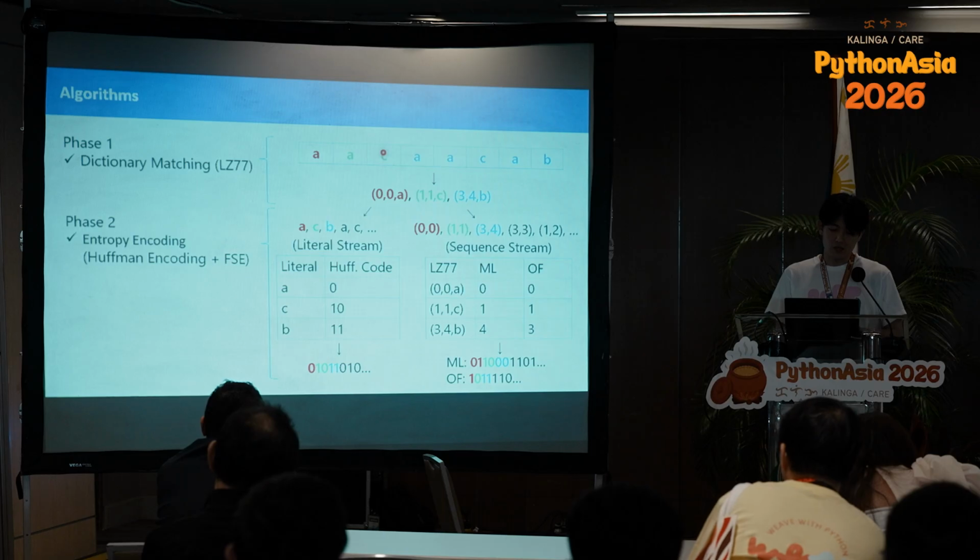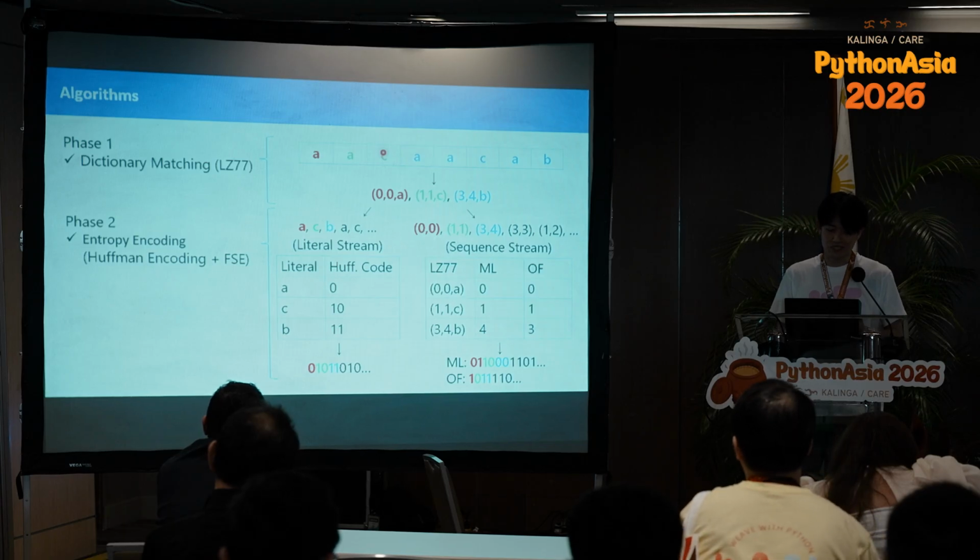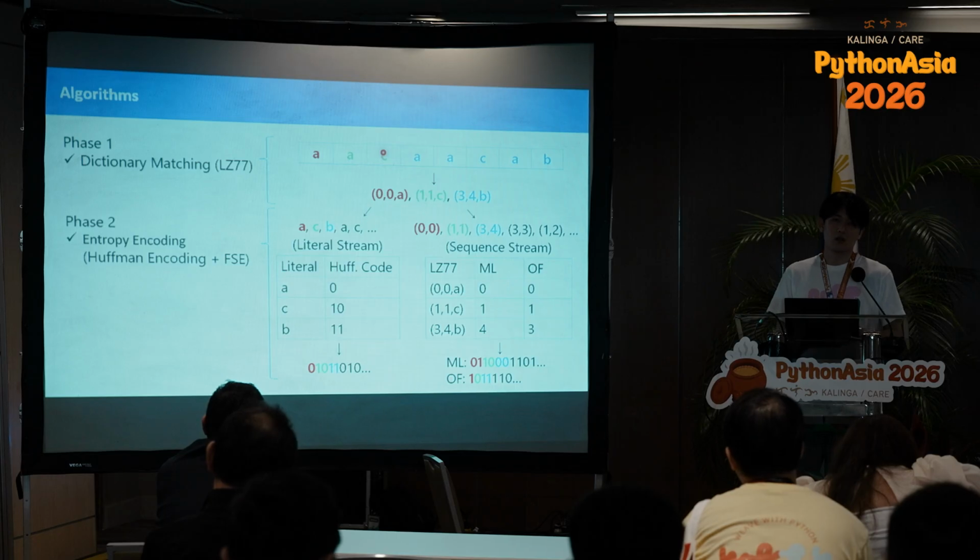So this is the overall algorithm of Zstd. The sequence stream and FSE are characteristics of Zstd, which are not used in other compression algorithms like gzip, bz2, and lzma. So this is the overview slide.